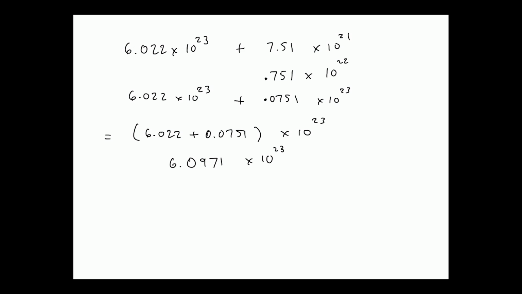How many digits do I need to mathematically write down the answer? 5, right? 6.0971. Let's say that I had told you you only can have 4 digits. What would have happened to the 1? It would have been chopped off and gone. Okay, we would have lost precision in that computation.